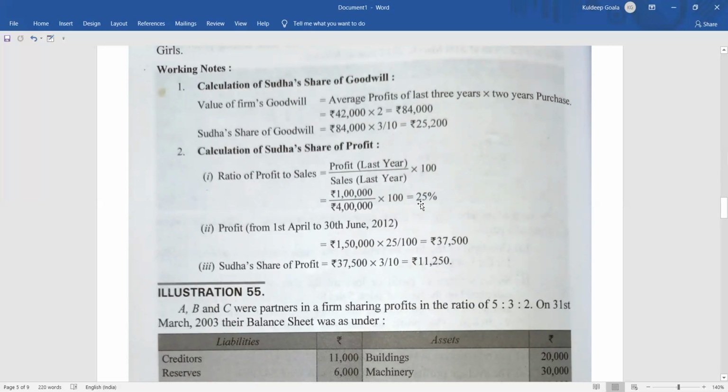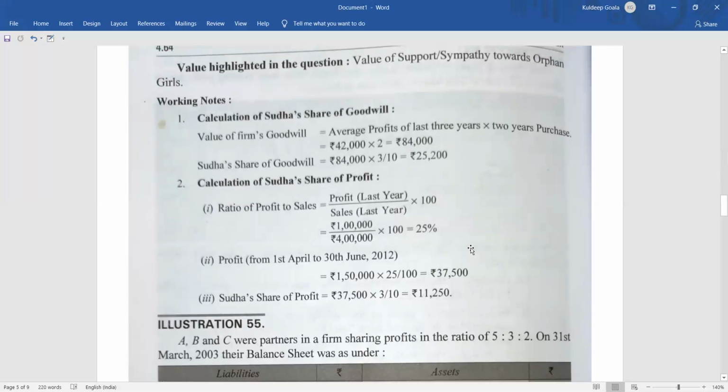Let's assume that this year also we are going to put the profit percentage as 25%, and our profit will be 37,500. So 37,500 is the total profit of the firm for 3 months.